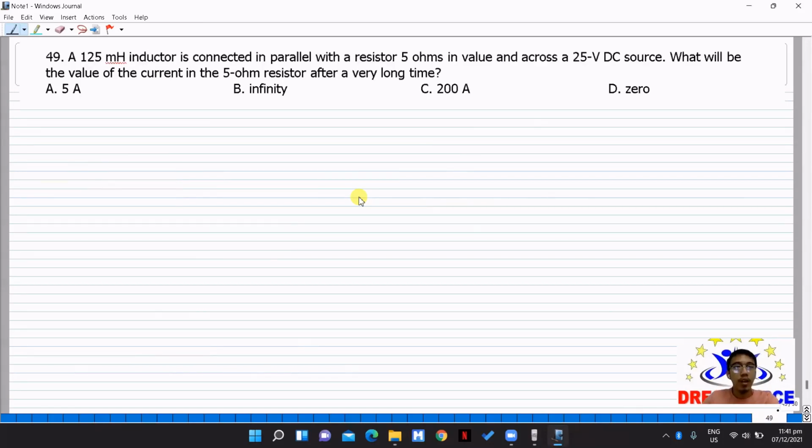So problem solving pa. So a 125 millihenry inductor is connected in parallel with a resistor 5 ohms in value and across a 25 volts DC source. What will be the value of the current in the 5 ohm resistor after a very long time? Drawing natin. So sabi niya dito, a inductor is connected in parallel sa isang resistor.